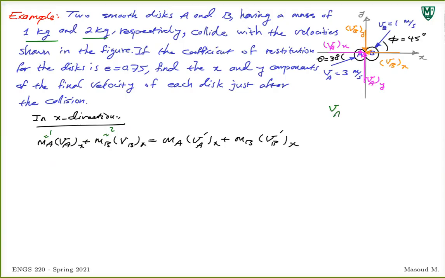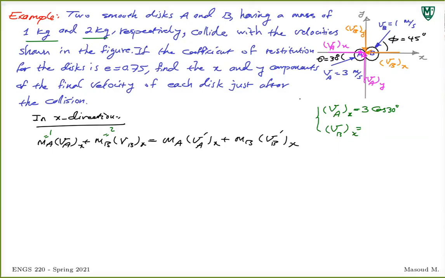VAx, well, let's find them here. What is VAx? We have VA and we need VBx. Let's find these two. So what is VAx? Three cosine 30 degrees, exactly. Thank you, Samuel. 3 cosine 30 degrees. And it's in positive direction, so we are good.